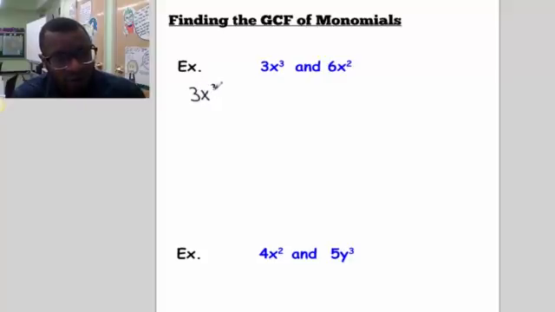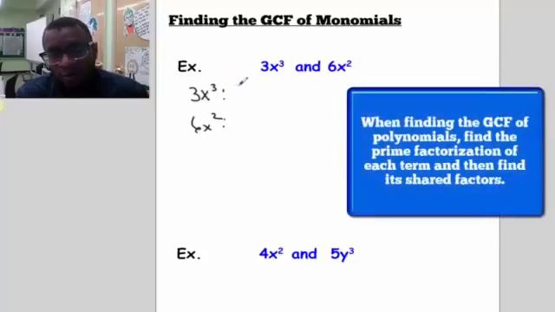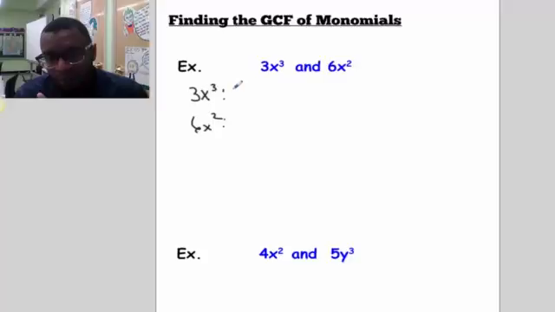We're going to write each term, and we're going to break it down to its factors. So in this case, when you're dealing with variables, its factors are going to be more like its prime factorization. So remember, prime factorization is getting it down to all of its prime factors.